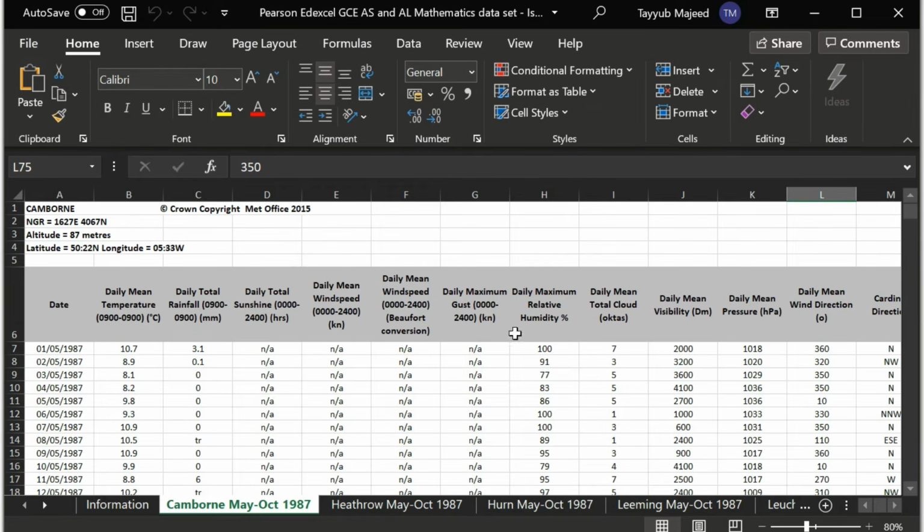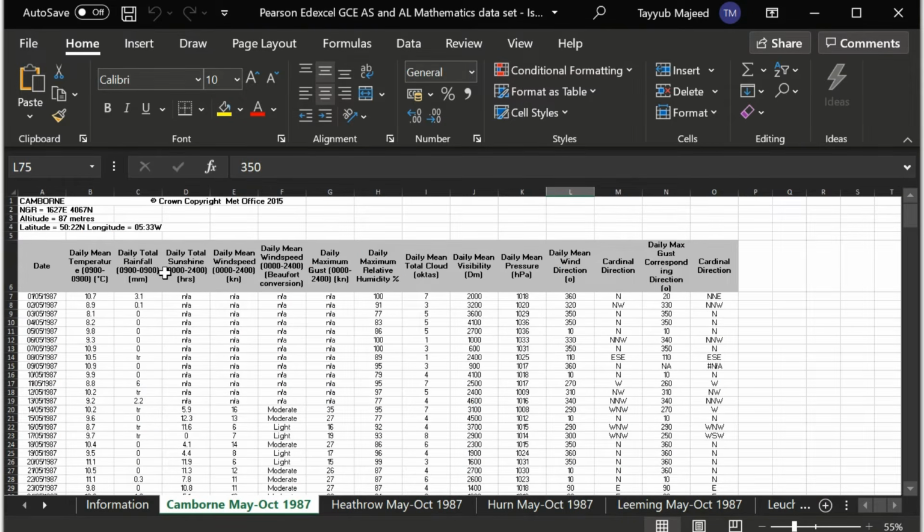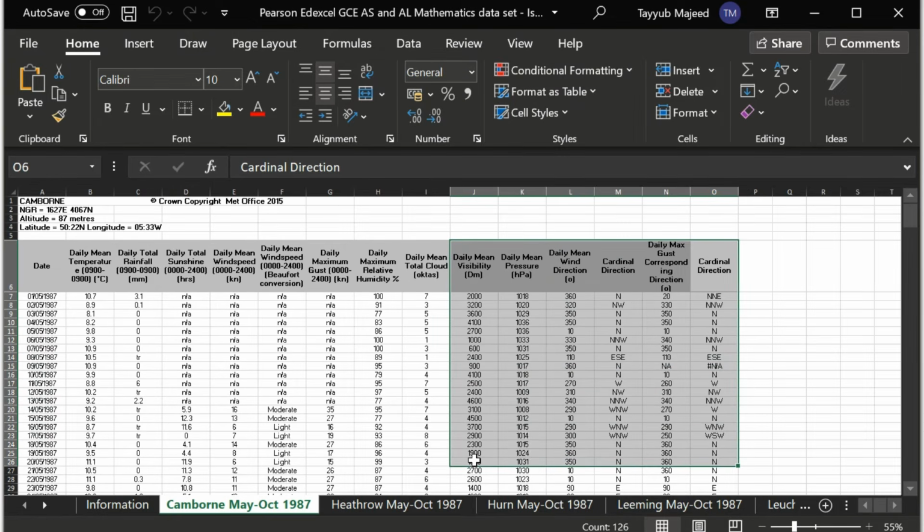And if we take a look over here at our different columns, and of course you are supposed to be very familiar with all this, we can't choose these sort of data for our answer because these are qualitative.